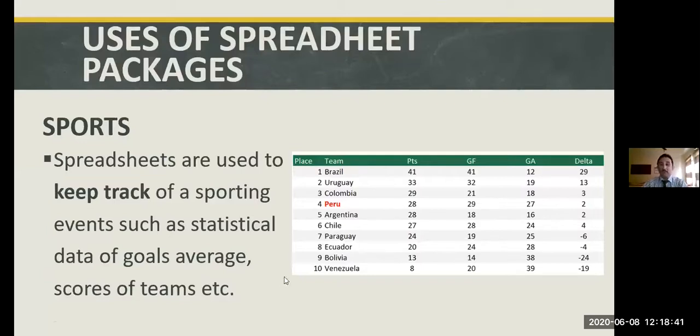For example, Barcelona, Chelsea, Real Madrid, right? But actually I don't know very well, but I followed them before since my high school. Okay, now the score of teams, we said that we can use the spreadsheet packets.